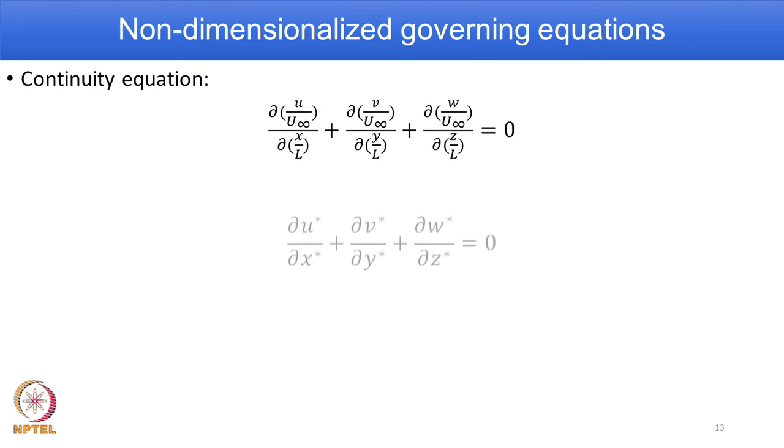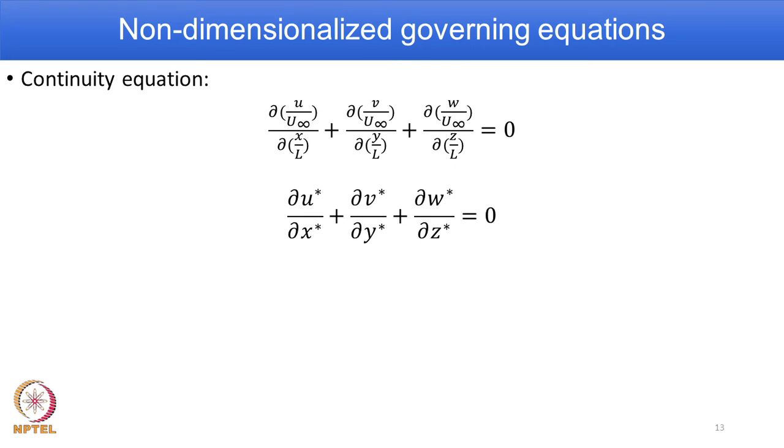Now, we will try to do non-dimensionalization of the continuity equation. We know ∂u/∂x + ∂v/∂y + ∂w/∂z = 0, and we just learned how to represent them by length scale and velocity scale, and that is written here.